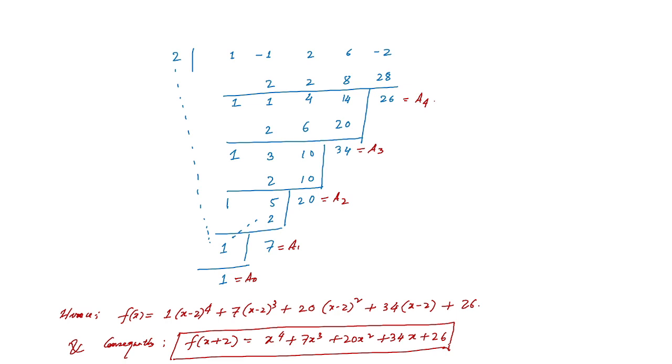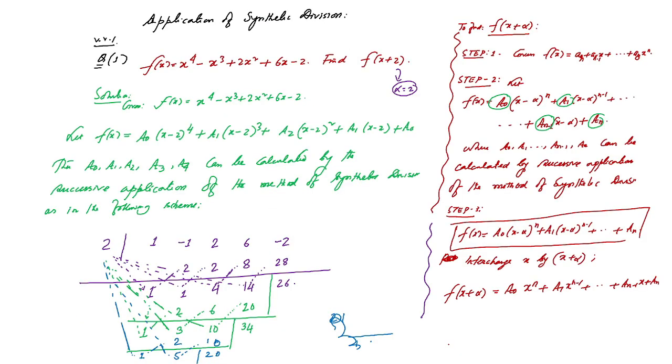Okay. Now, say you have given, so this is one important problem, how you will write f(x + 2). So another important problem is here, next question 2. Very, very important: how a polynomial in x can be written as a polynomial in x minus alpha.